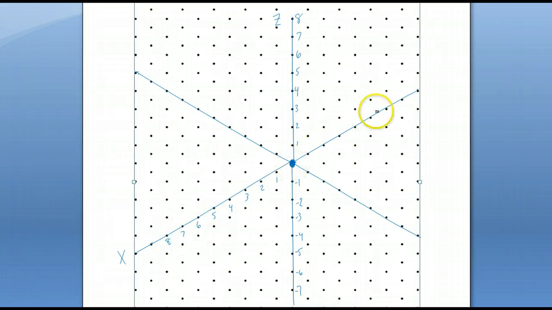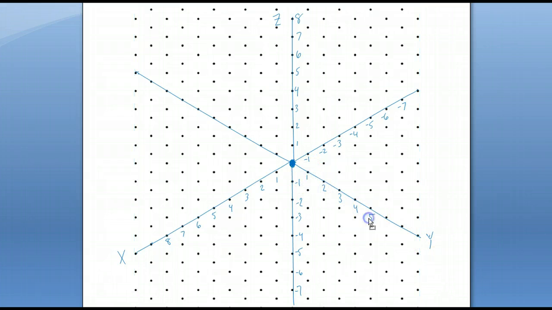And if I move up and to the right, I'm going to make those negative. And my third axis, I'm going to call my y-axis. If I move down and to the right, that's going to be positive. And if I move up and to the left, I'm going to make that negative.